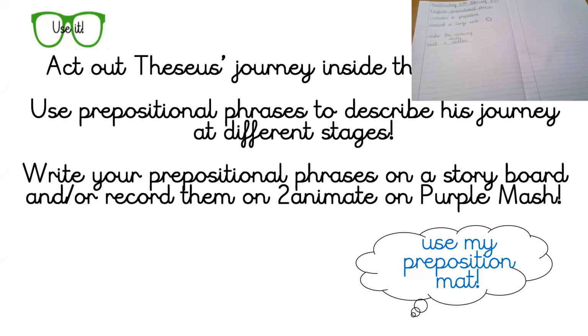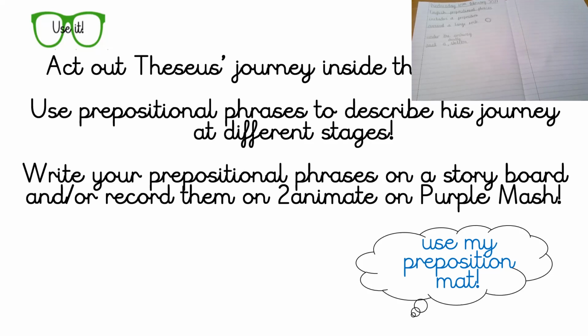So what I want you to do today is act out Theseus moving through the labyrinth and think about the direction that he's moving in, because that's going to help you think about your prepositions and prepositional phrases. Can you create a labyrinth in your house, okay, and pretend to be Theseus moving around it? That sounds like good fun. You could even use your stairs to act out that first part of Theseus leaving Ariadne and entering the labyrinth.